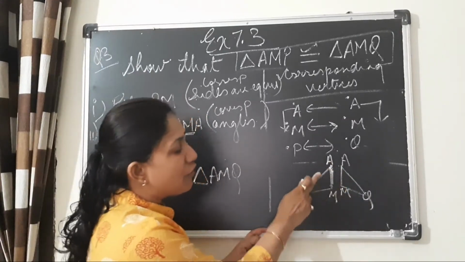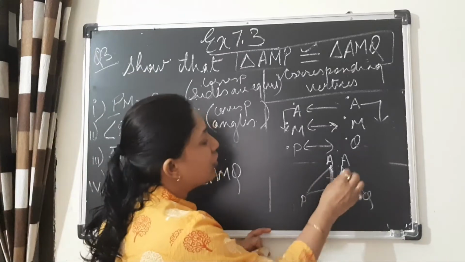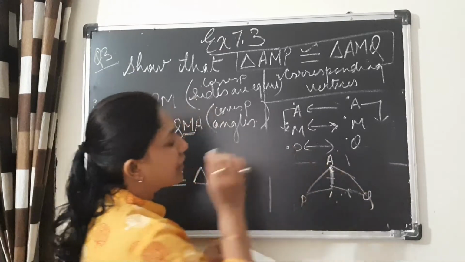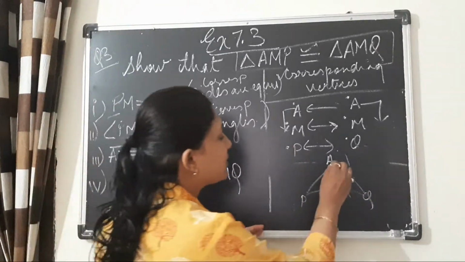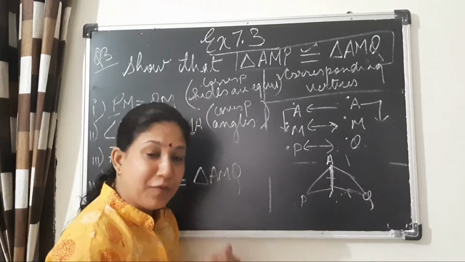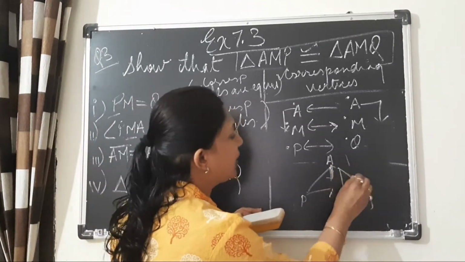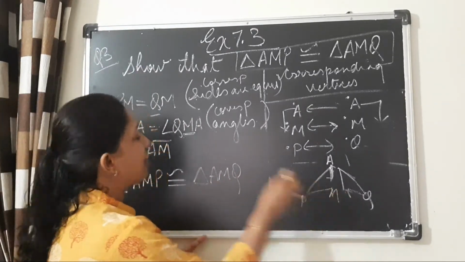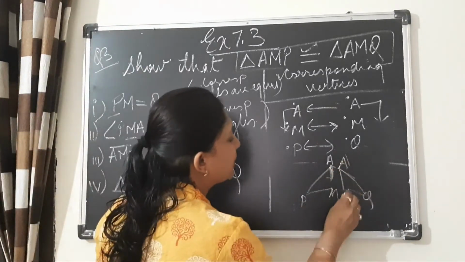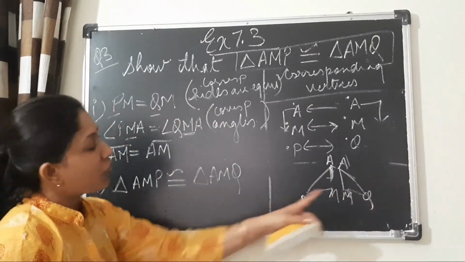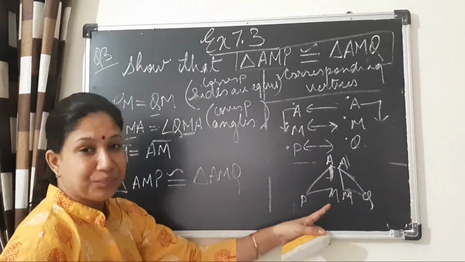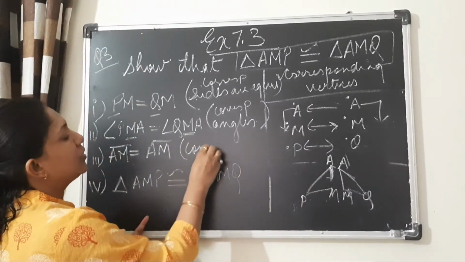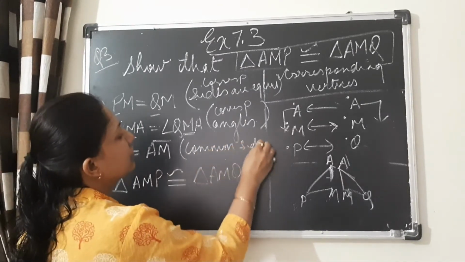Whatever the value of AM is here, the same value is there, because it was common. If I join it, it becomes the original figure again. For rough work we just separate it, but the value of AM remains the same. So AM is a common side for both triangles, and you write that as the reason.